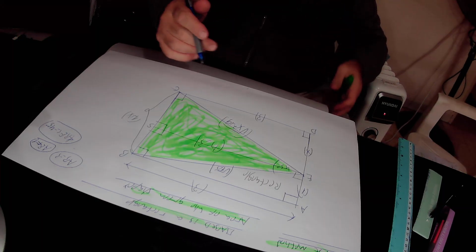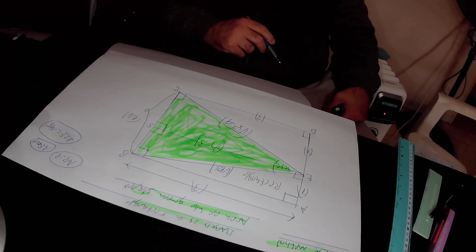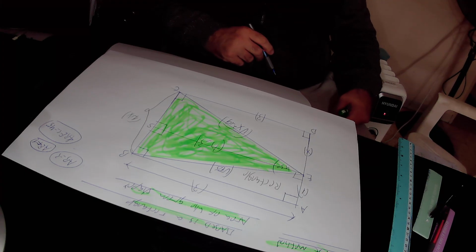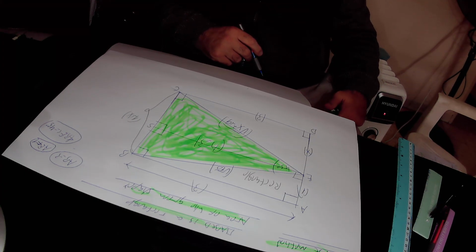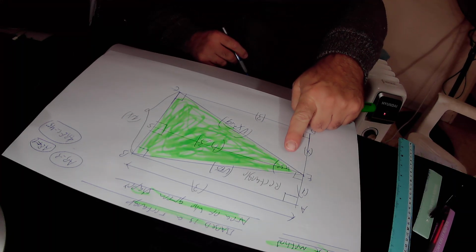You can calculate the area of this triangle BCE in a different way. Actually, the area of any triangle equals the product of two sides times the sine of the angle between the two sides over 2.